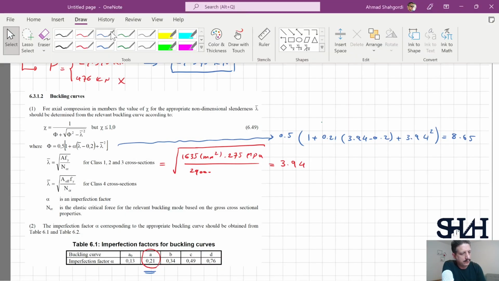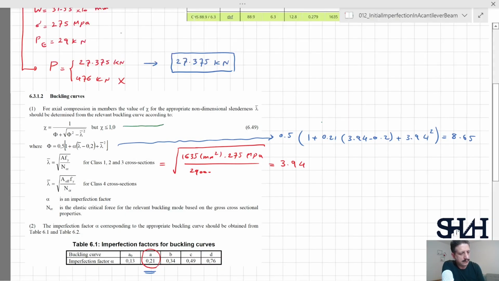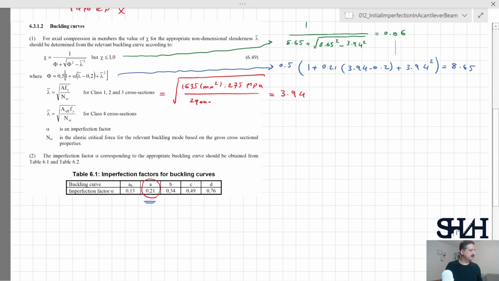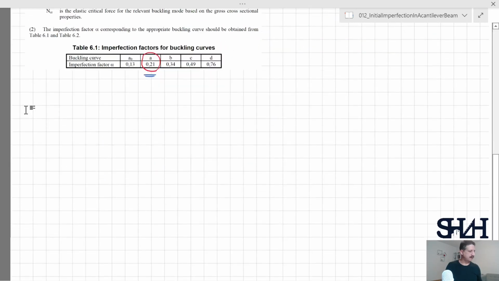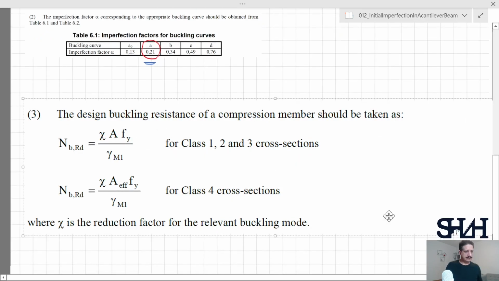Now we can substitute this into the chi factor. So it will be 1 divided by 8.65 plus the square root of 8.65 to the power of 2 minus 3.94 to the power of 2, which will be 0.06. And then from the other terms in Eurocode, we can calculate the maximum compressive load that it can resist.